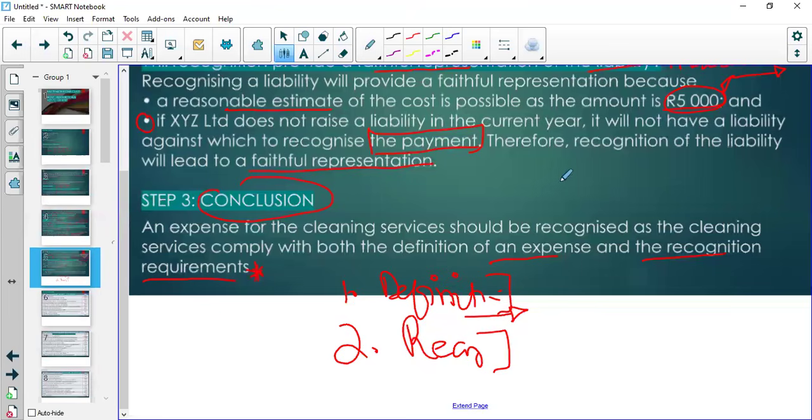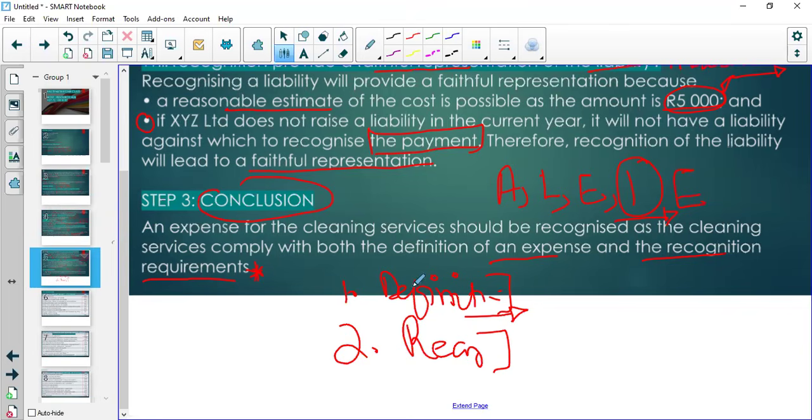As you prepare for the test, I would expect you to have a template that you will use for all the elements: assets, liabilities, expenses, income as well. You must have a template for income and an example which you can quickly refer to, and equity.